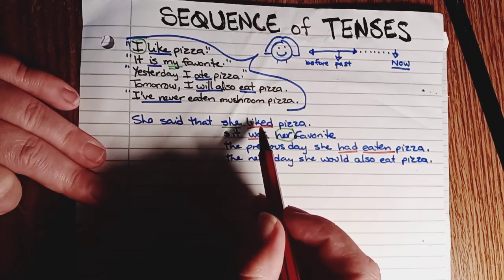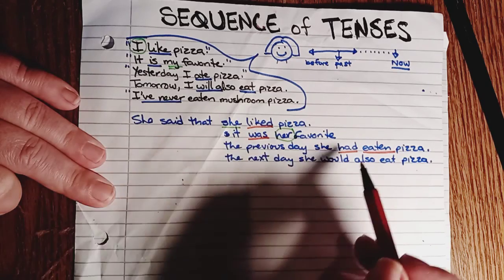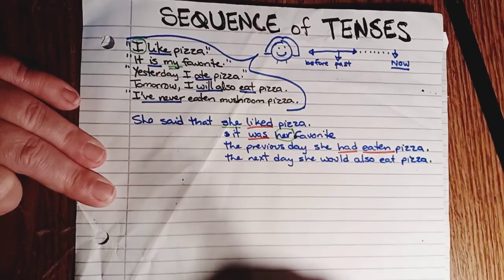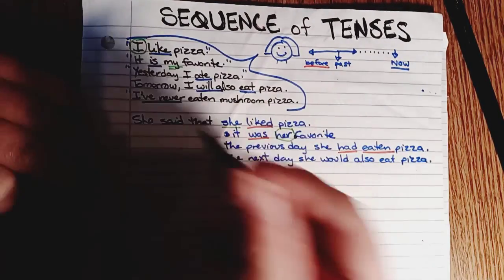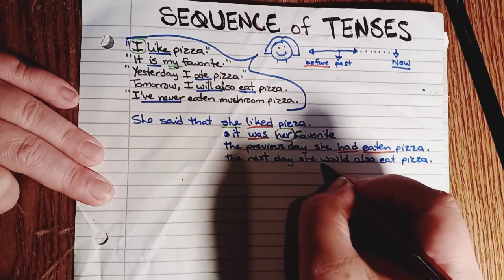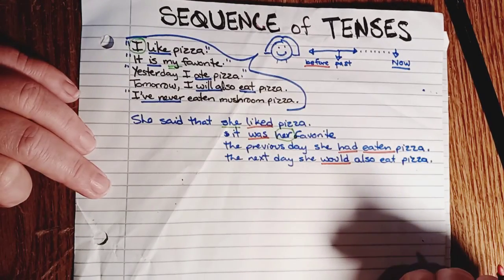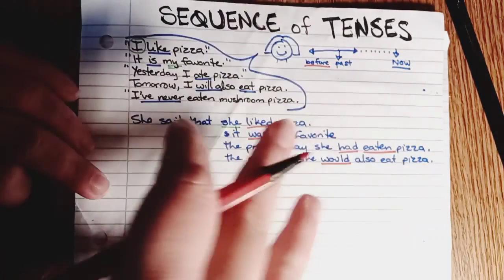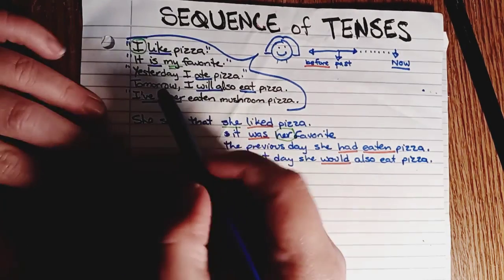Like shifts to liked, is shifts to was. Anything that happened in the past, like here, would change to past perfect. Will changes to a past version of will. So we have modals. May changes to might. We've seen these already, how the modals change to a past version of themselves.